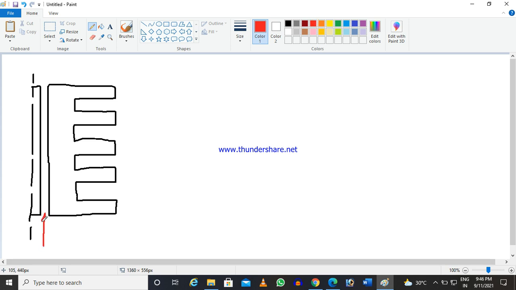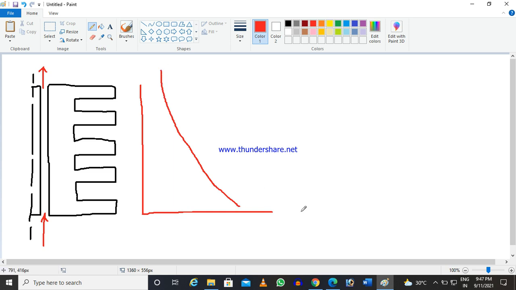some hot fluid is entering through this annular path and it is exiting out. So definitely the heat will be evacuated by this arrangement or this geometry, and if you plot the temperature along this, you will get a profile like this.